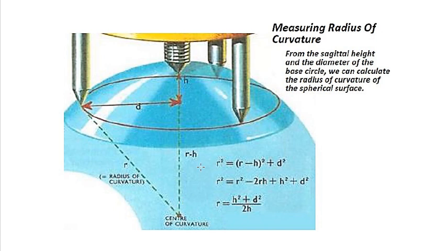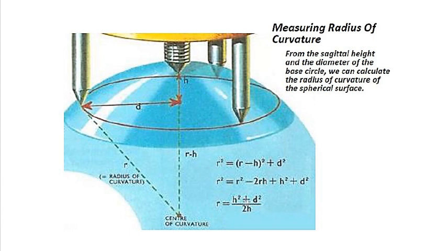When we look at this equation very carefully, you can see the radius of curvature is little r, then your height, which is this little guy, your sagittal height, and then d is the diameter of your base circle, and the base circle is right there.